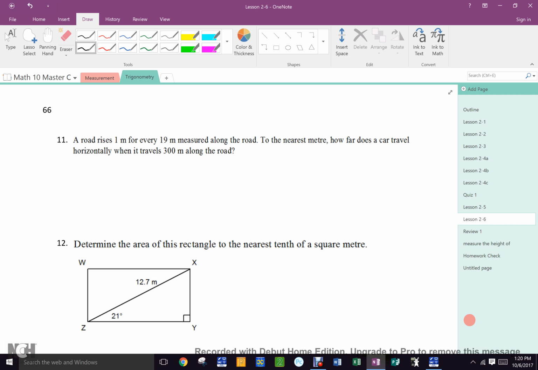Okay. I need a triangle, don't I? Okay. What do I know about that triangle? It goes up by 1 for every 19 meters along the road. Where's the road? Hypotenuse or bottom? Hypotenuse, guys. The car doesn't drive into the middle of a mountain and get an elevator up.